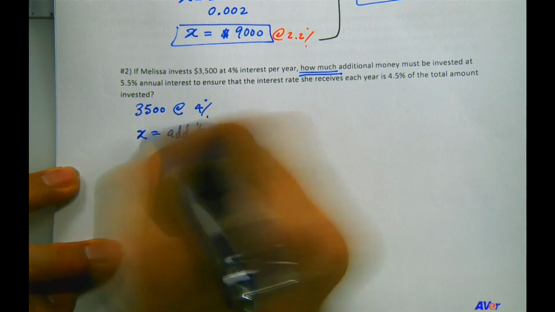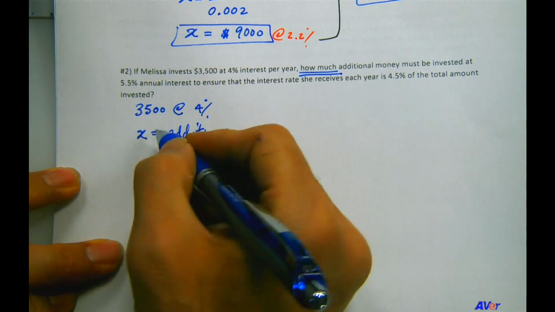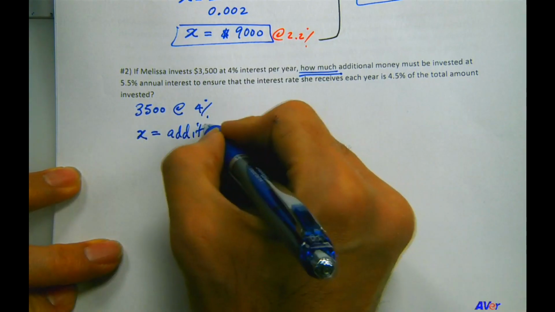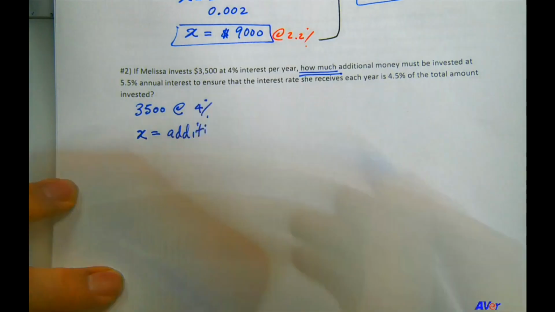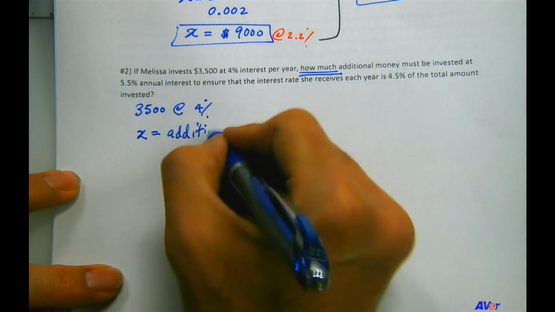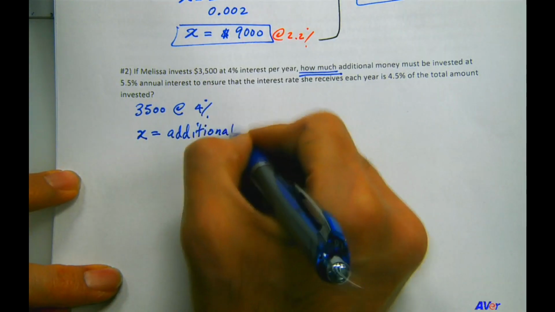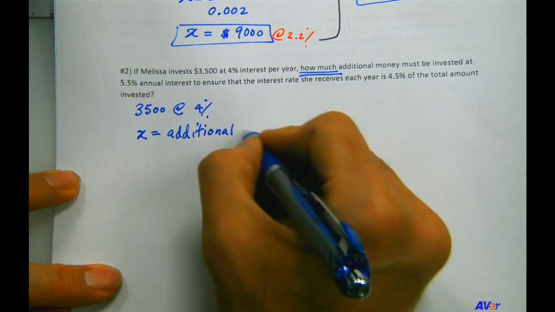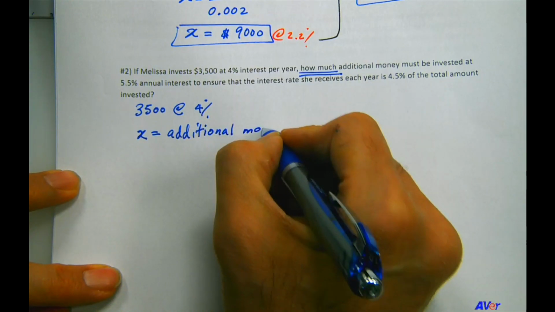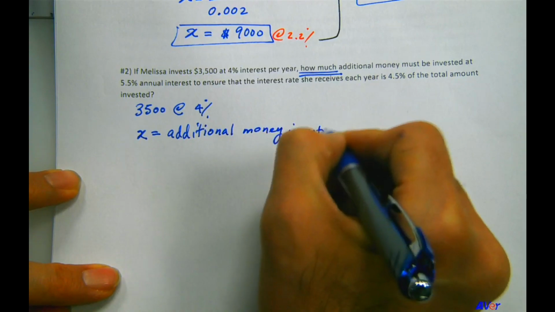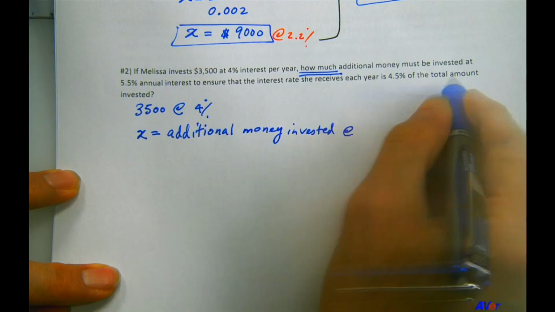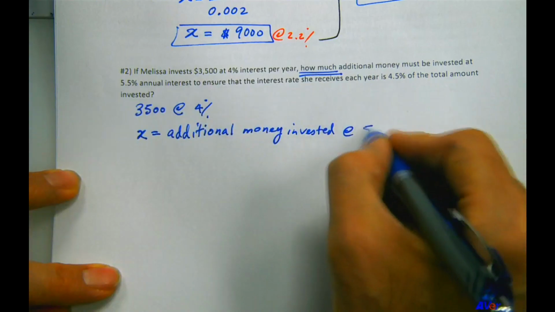You can put capital A for additional money, but you need to assign variables of your own when you solve word problems. So additional money invested at 5.5%.